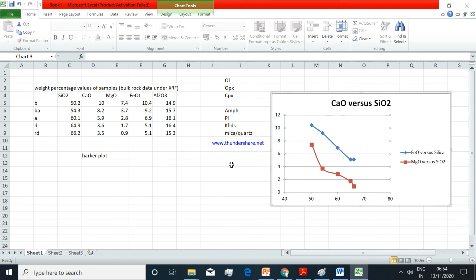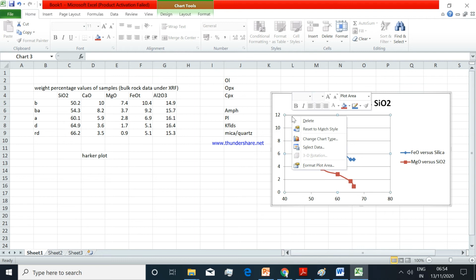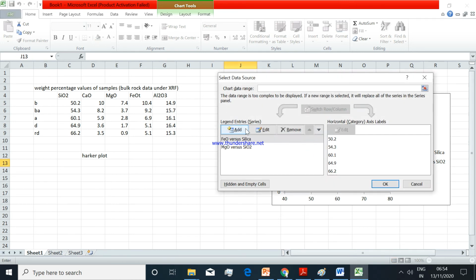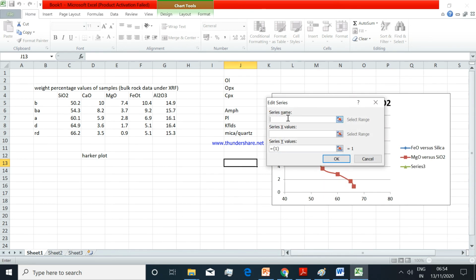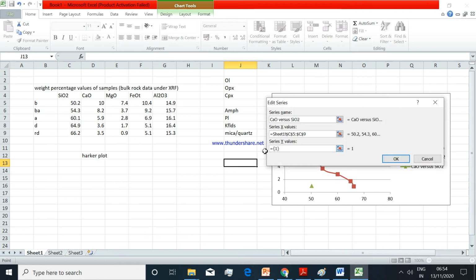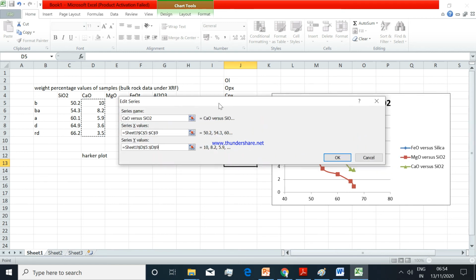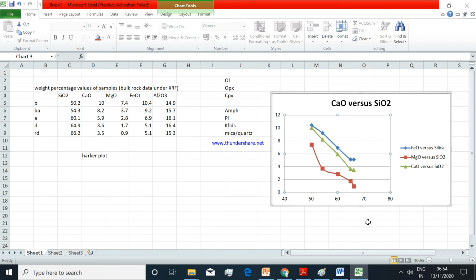Then I can put another data, and you can see clearly that the iron oxide and magnesium oxide data can be separated by color as well as index. And if I add some calcium oxide in this series, CaO versus SiO2, then the X value will be, the Y value will be. So that's how these types of diagrams can be built.